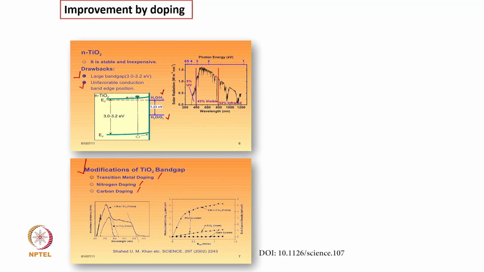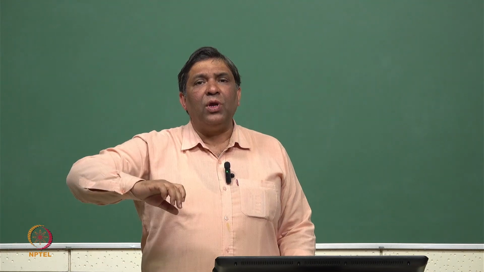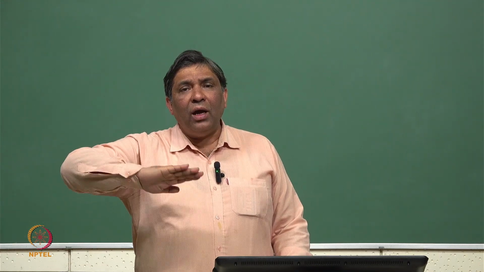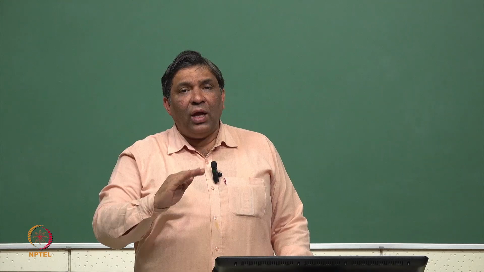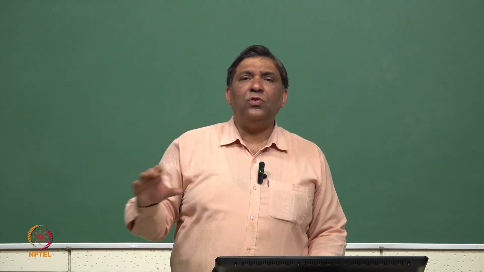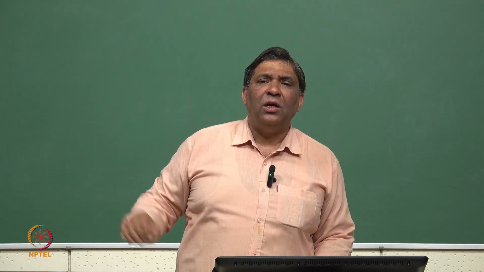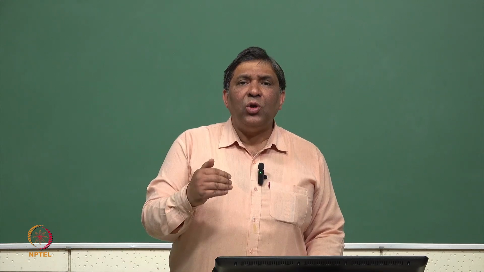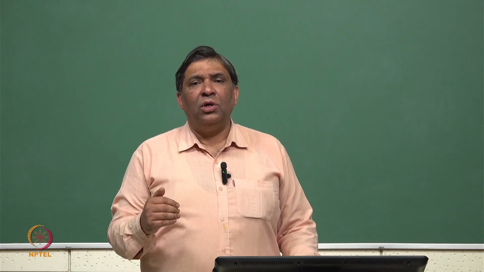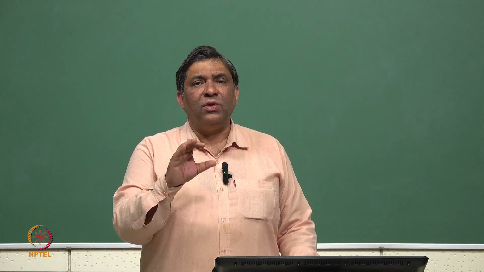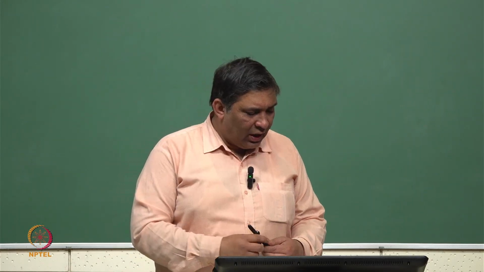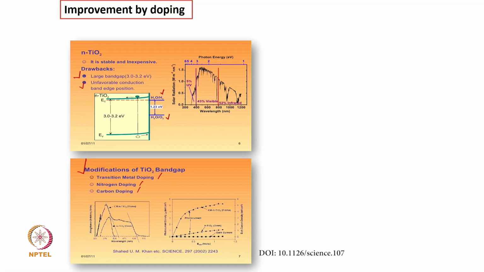When you dope any material, it forms interband states, that means energy states in between the conduction band and valence band. So the photons which were earlier transmitted through the band gap now have an opportunity to get absorbed because of these intermediate energy states, and you can see here the absorption enhances.